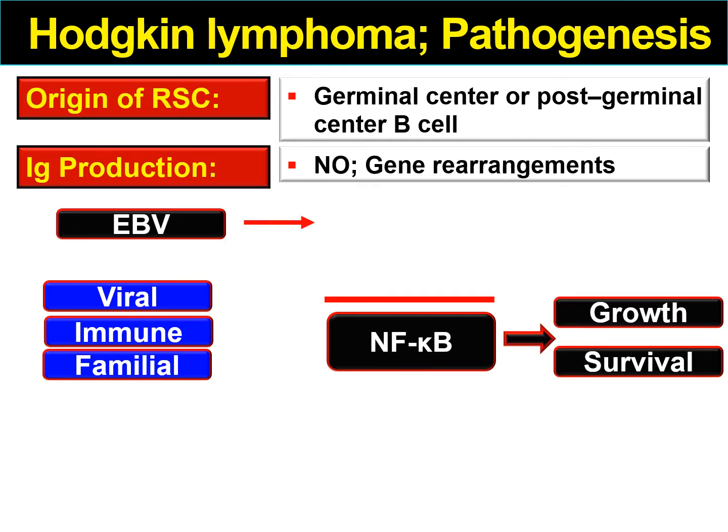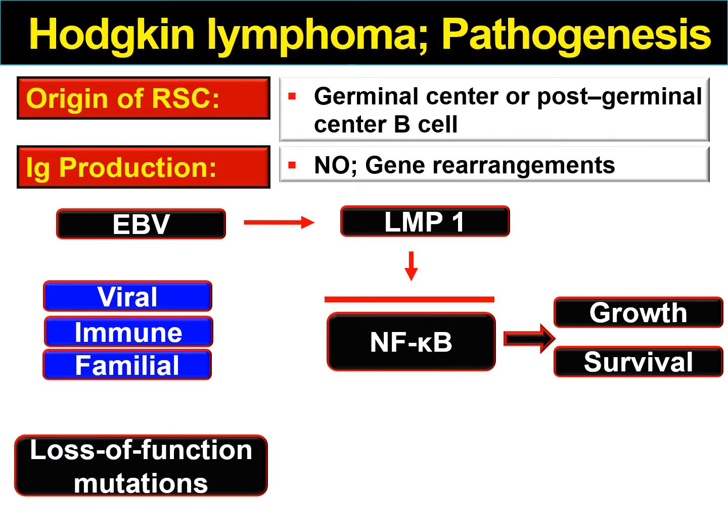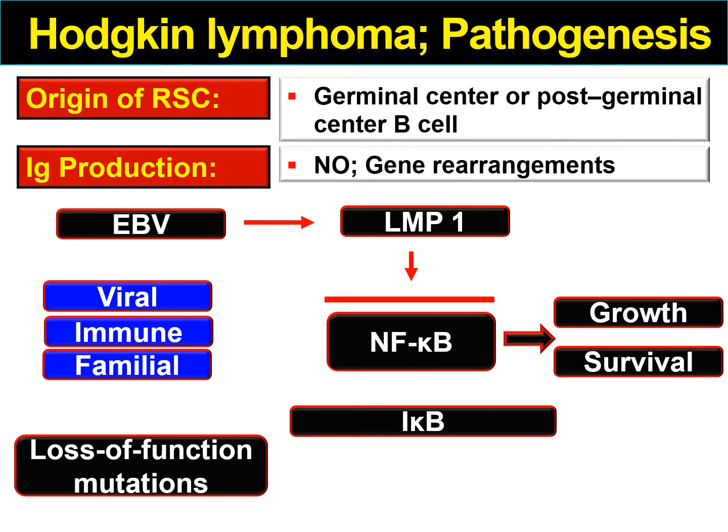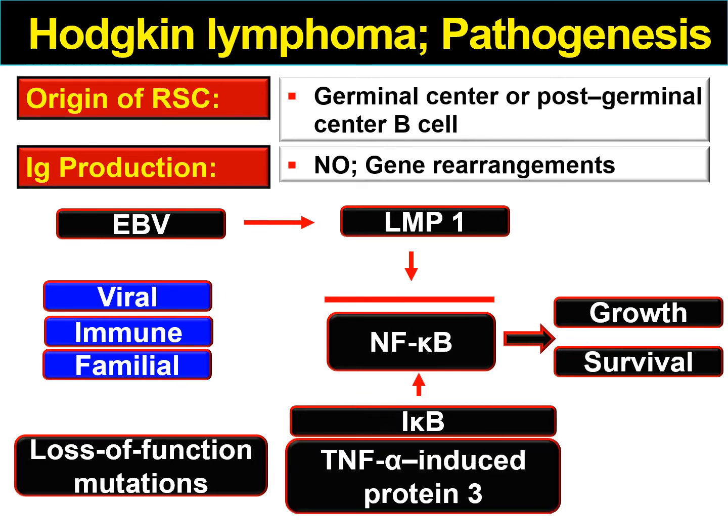One of the viral causes is Epstein-Barr virus, which has latent membrane protein 1, and it is responsible for activation of nuclear factor kappa B, while loss of function mutations are there in the non-viral causes, or non-EBV cases, of Hodgkin lymphoma, and these include inhibitory kappa B and TNF alpha induced protein 3.